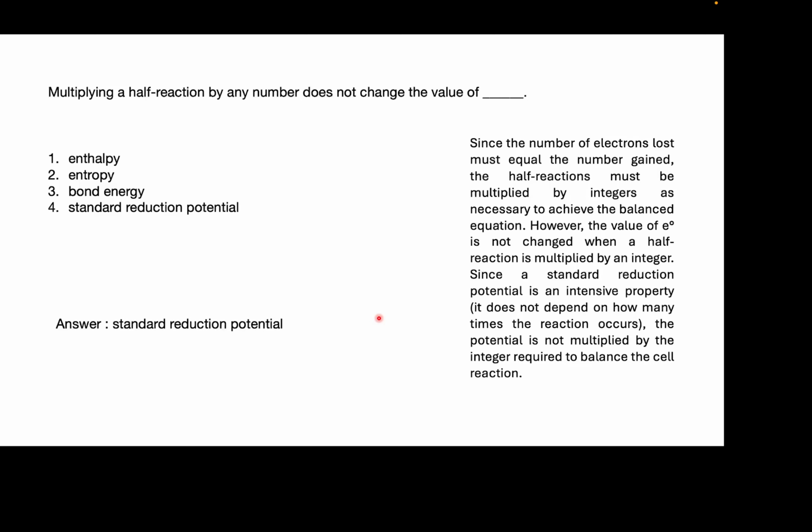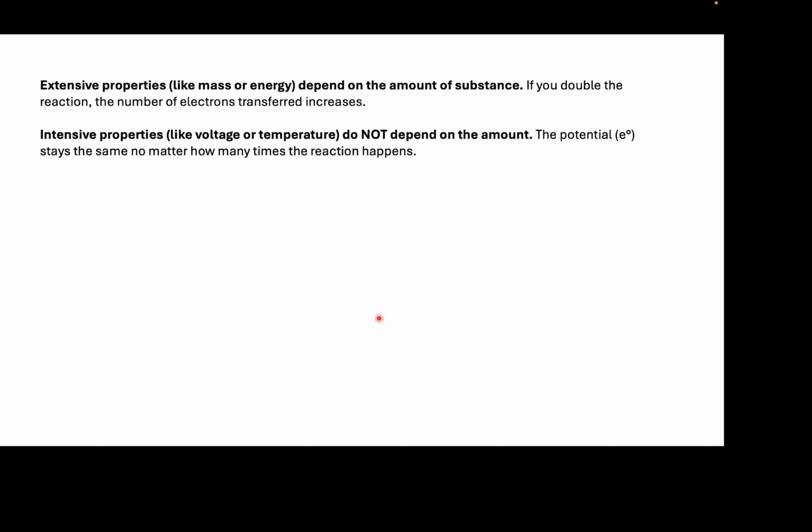However, the reduction potential is not changed when a half reaction is multiplied by an integer. Since a standard reduction potential is an intensive property, it does not depend on how many times the reaction occurs. The potential is not multiplied by the integer required to balance the cell reaction.